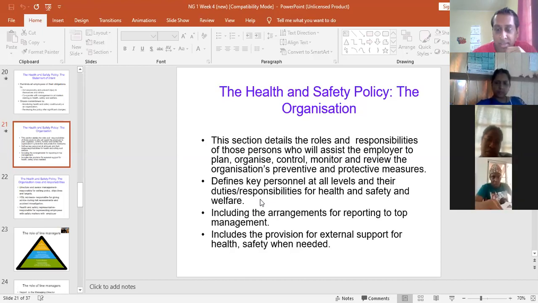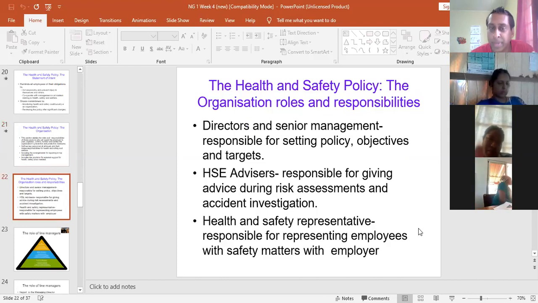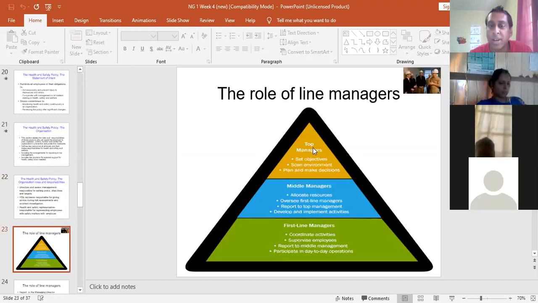So if I can go through this slide, I want to show you that, again, just keep at the back of your mind: the organization would have the people. So if we look at this slide, you would see directors, senior management, HSE advisors, health and safety representatives. Next slide, this one has the role of managers. So you see here, first line managers, middle managers, top managers.